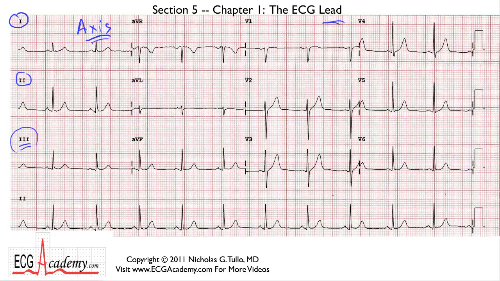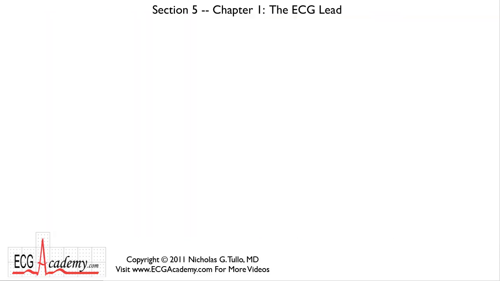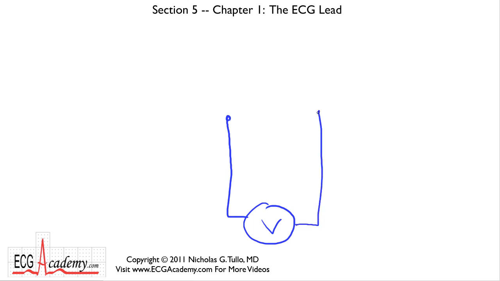Now, what is the lead? Well, okay, let's just talk about the recording systems that we had discussed in the past. Remember, ECG basically amounts to a voltmeter, and there are electrodes that are monitoring voltage in a bipolar recording system.